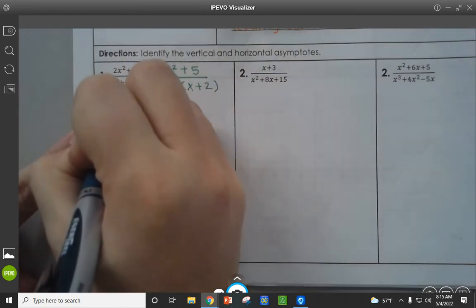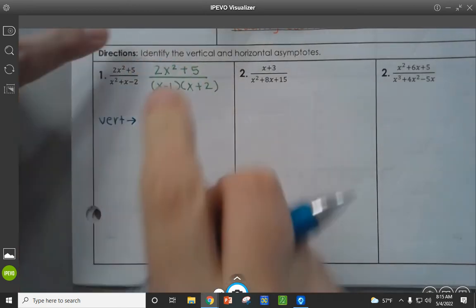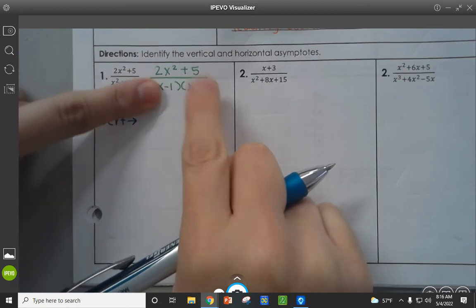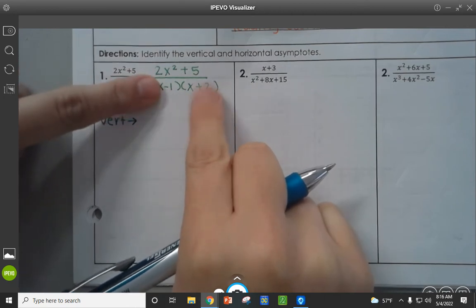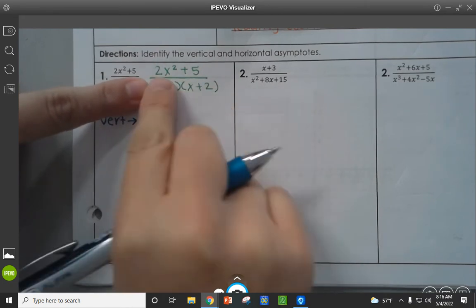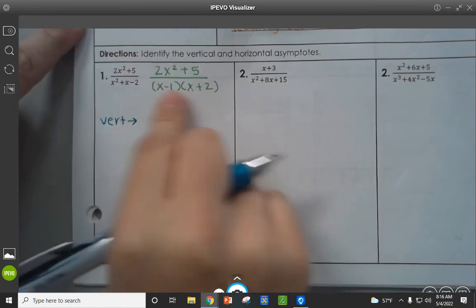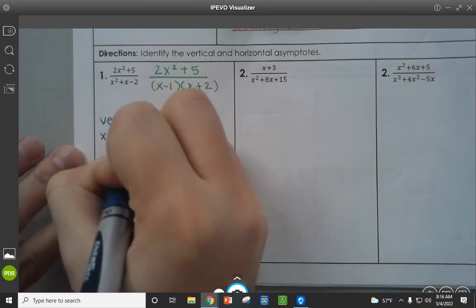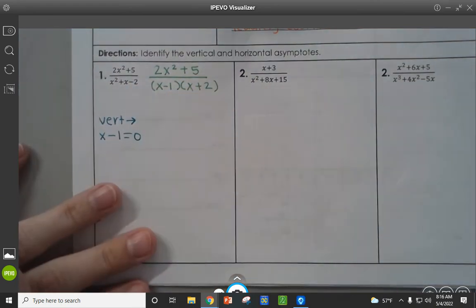So for a vertical asymptote, we look at the factors in the denominator. Do either of these factors cancel out? No, neither one of those canceled. So I set both of those equal to 0. So x minus 1 equals 0.